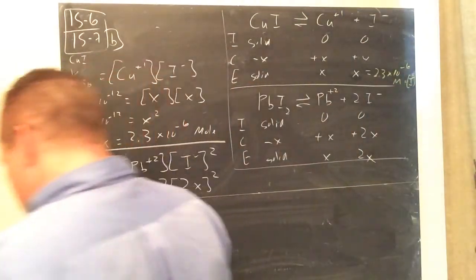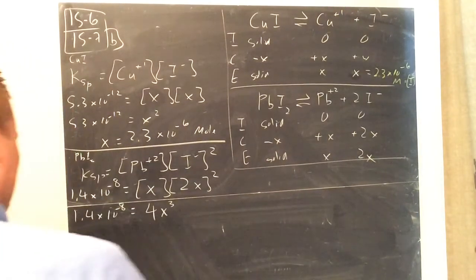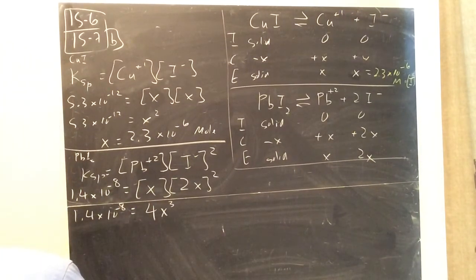So 4X cubed. Now, to do the math here: 1.4 times 10 to the negative 8 divided by 4. You get the cube root. Remember the cube root, raise it to the 0.33333 power.